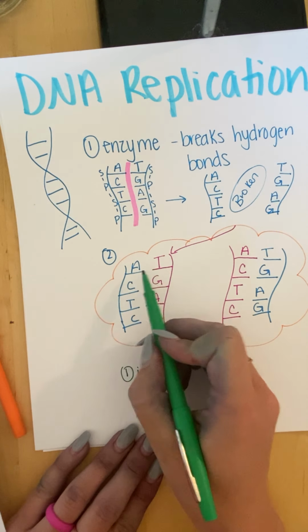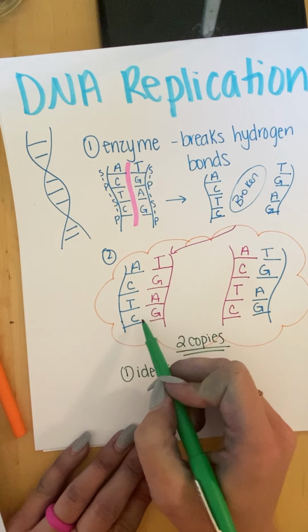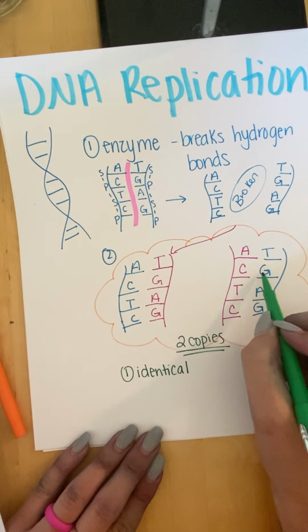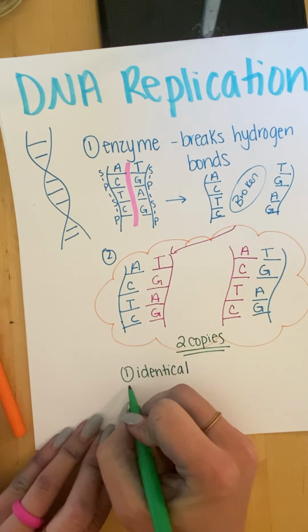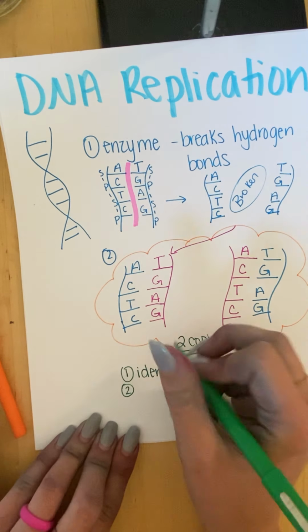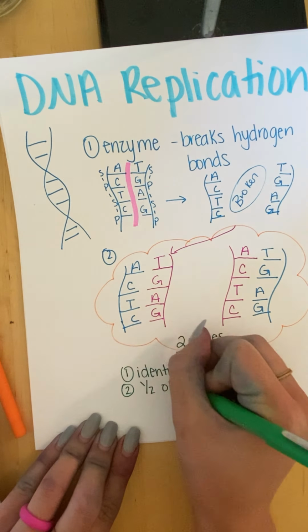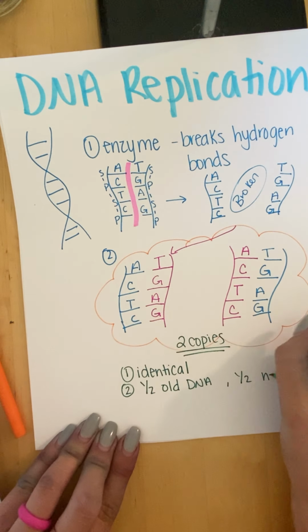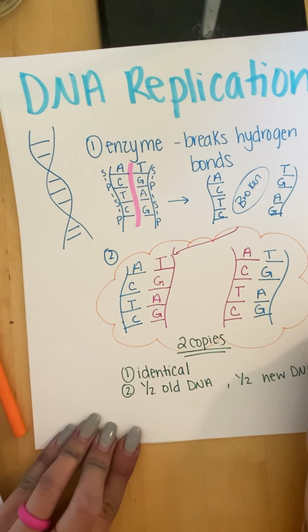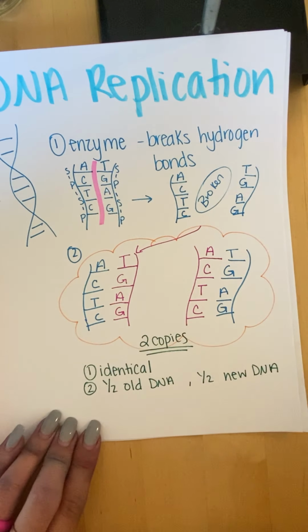Notice that they both go A, T, C, G, T, A, C, G. Each strand is half original DNA and half new DNA. So half old, half new.